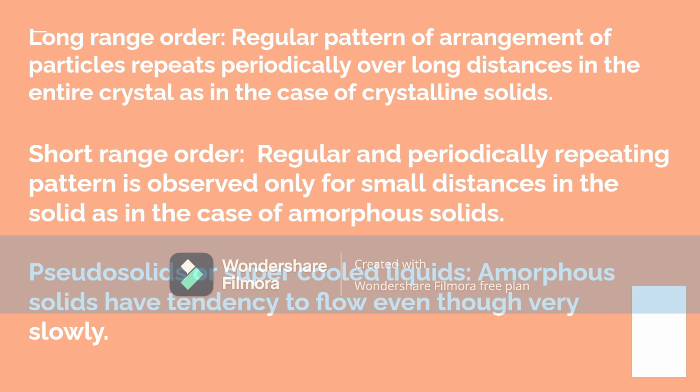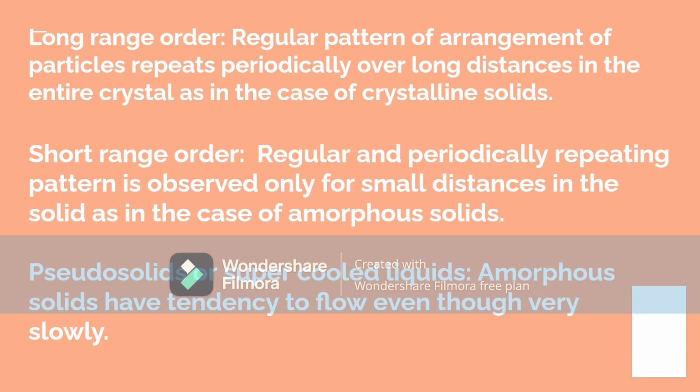Now the next term is pseudo solids or super cooled liquids. Amorphous solids are known as pseudo solids or super cooled liquids. Pseudo means false. Why are they called pseudo solids? Because there is no proper arrangement of particles, as in the case of amorphous solids.